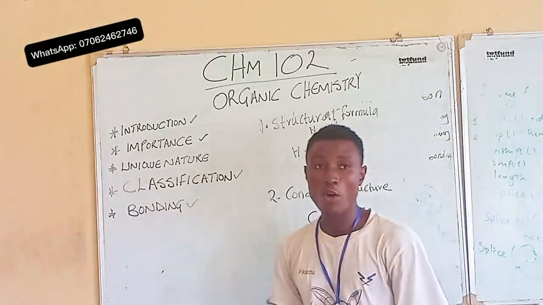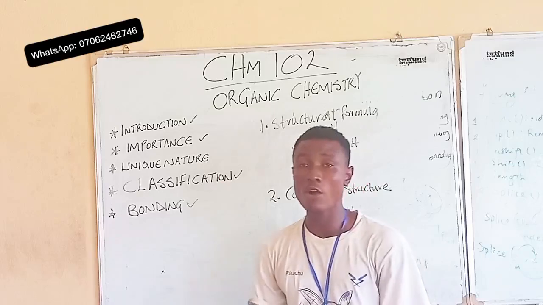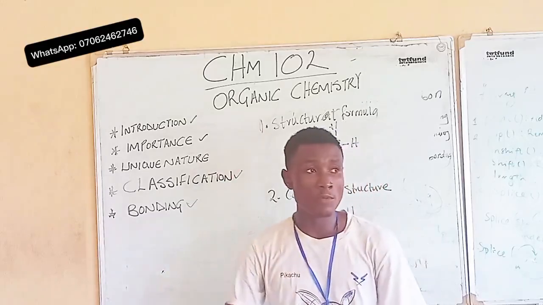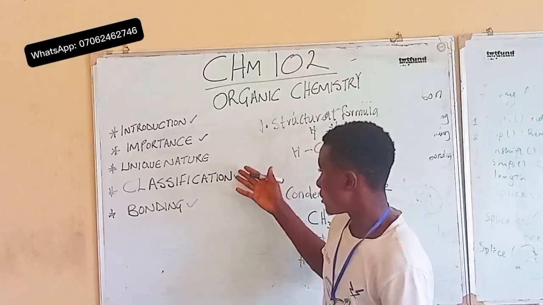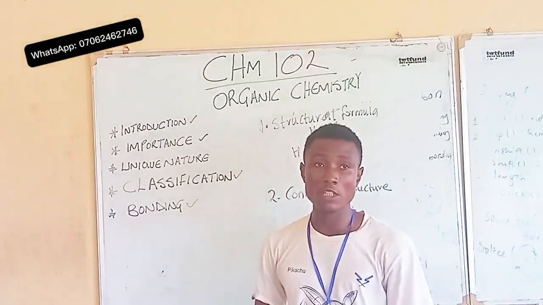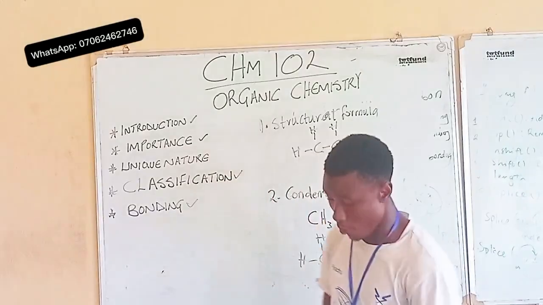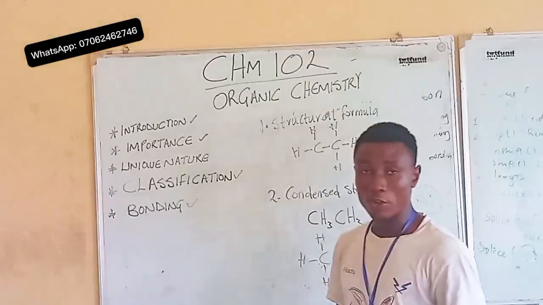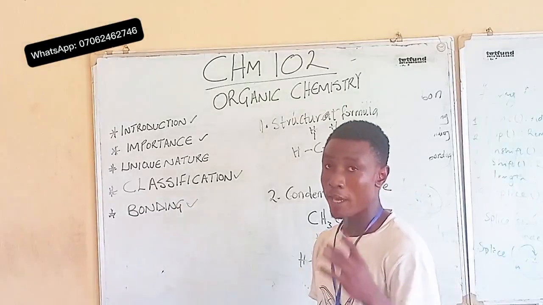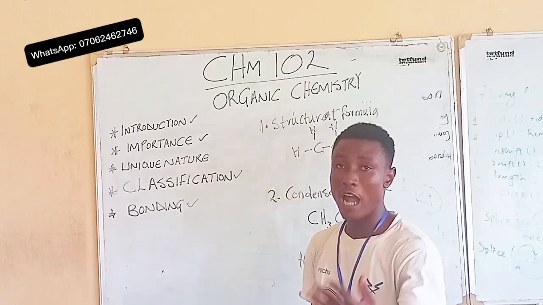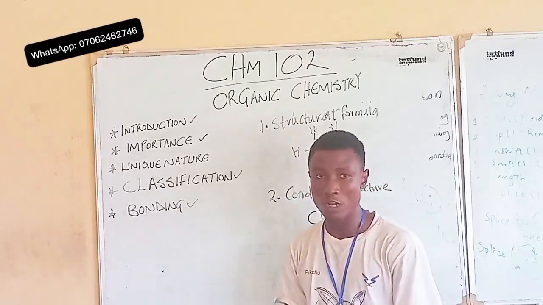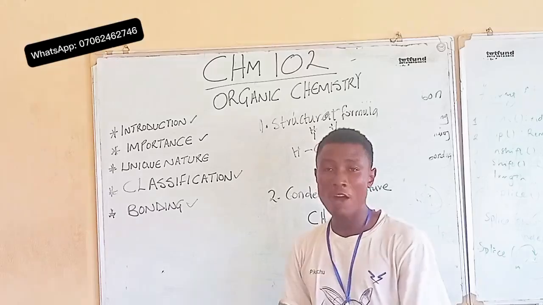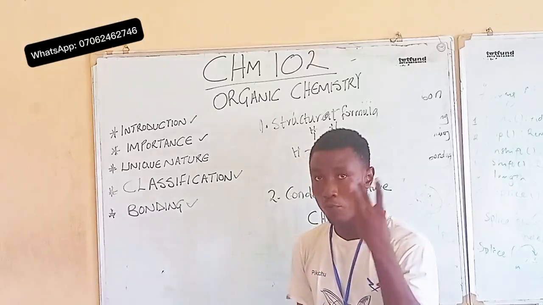I talked about the unique nature of carbon: catenation, the ability of carbon to form long straight chains; tetravalency; and multiple bonding, the double and the triple bond. In the classification, I talked about the hydrocarbons and their functional groups. The alkanes are saturated hydrocarbons with single bonds, the alkenes are unsaturated hydrocarbons with double bonds, and the alkynes are unsaturated hydrocarbons with triple bonds.